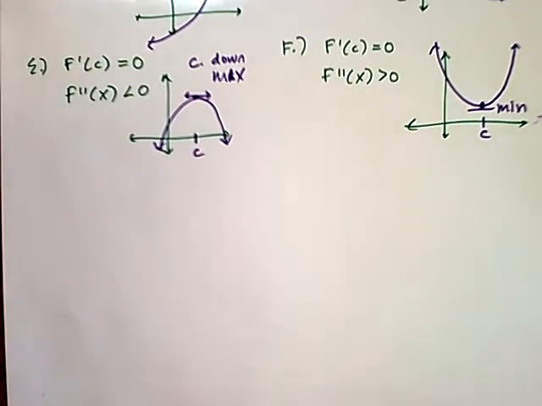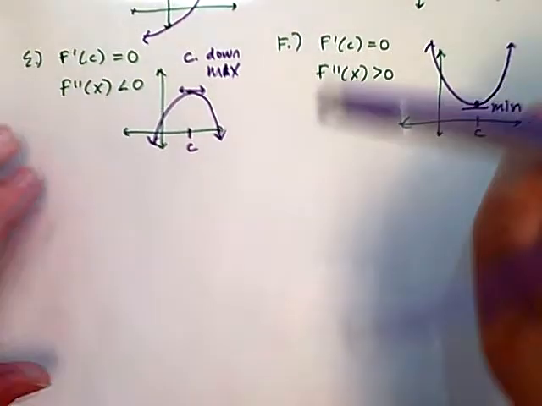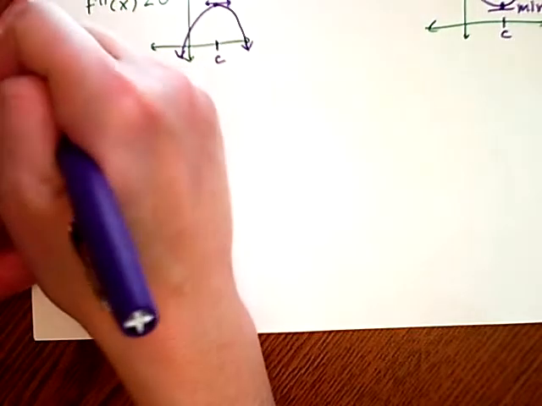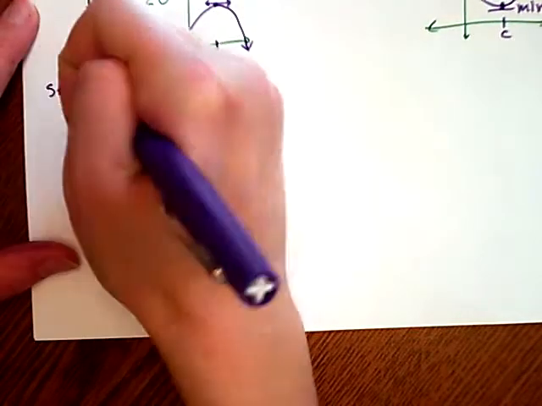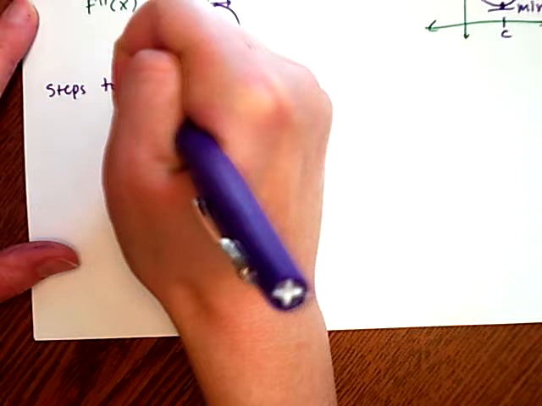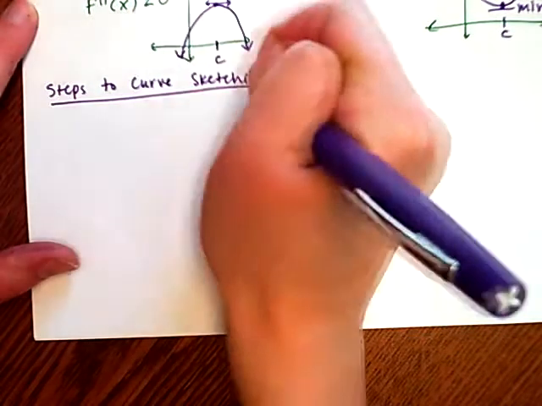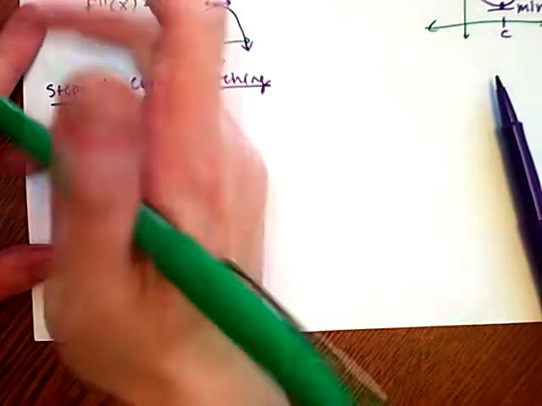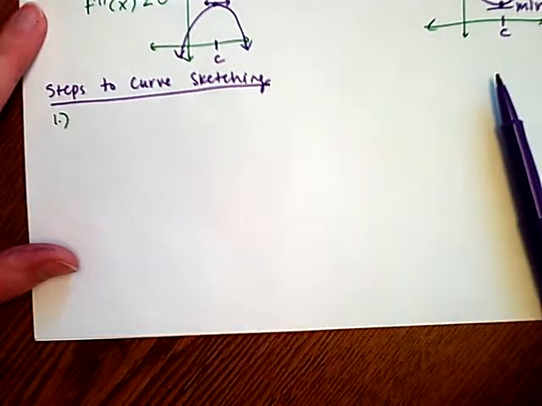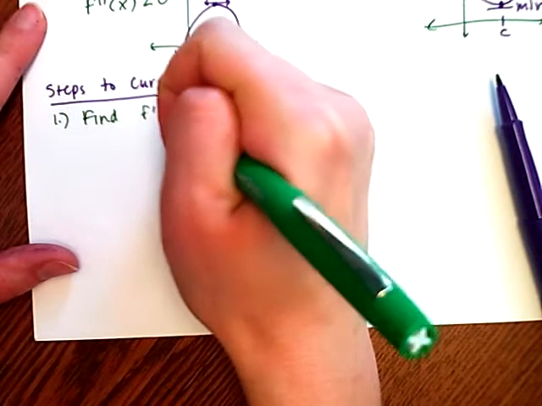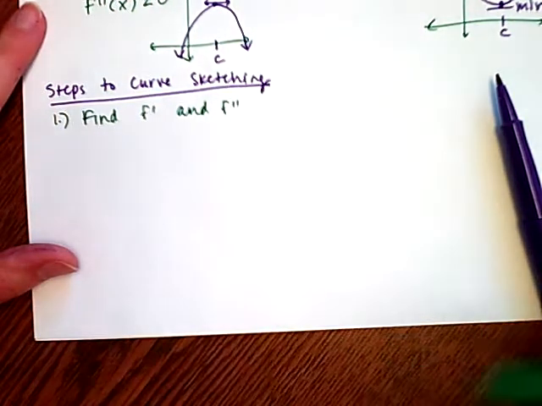Before we get into any examples, I'm going to quickly run down our steps in curve sketching, and we're going to refer back to these. My first step is to find f prime and f double prime.